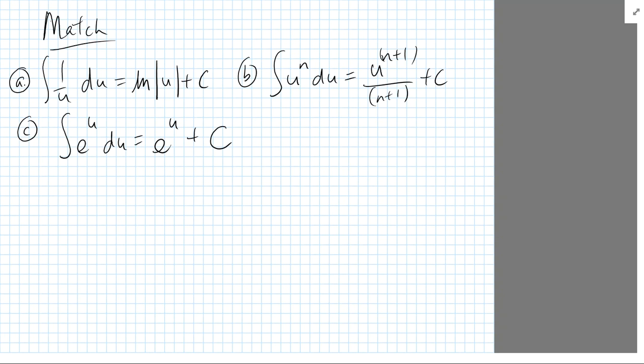You'll see what I'm talking about. I promise you will. So those are the 3 patterns you're looking for. Every single problem on this front page is either of the form A, B, or C. It's a natural log, it's a power rule, or it's an exponential.